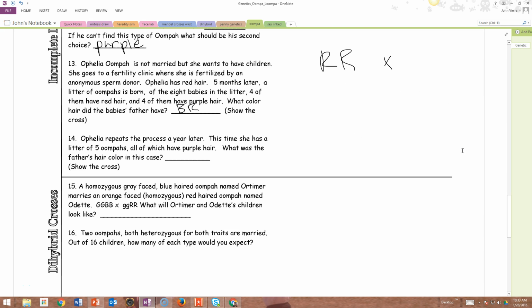Okay, so a couple years later, she wants to have more children. She goes back to the fertility clinic. She has 5 children. They all have purple hair. All 5 children have purple hair. So, in this case, what does the father have to be in order for all of the children to have purple hair, class? Blue.